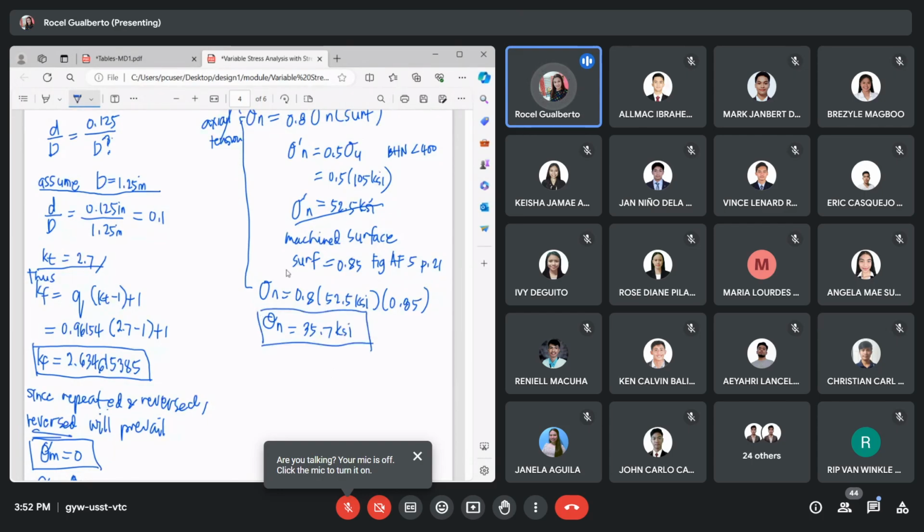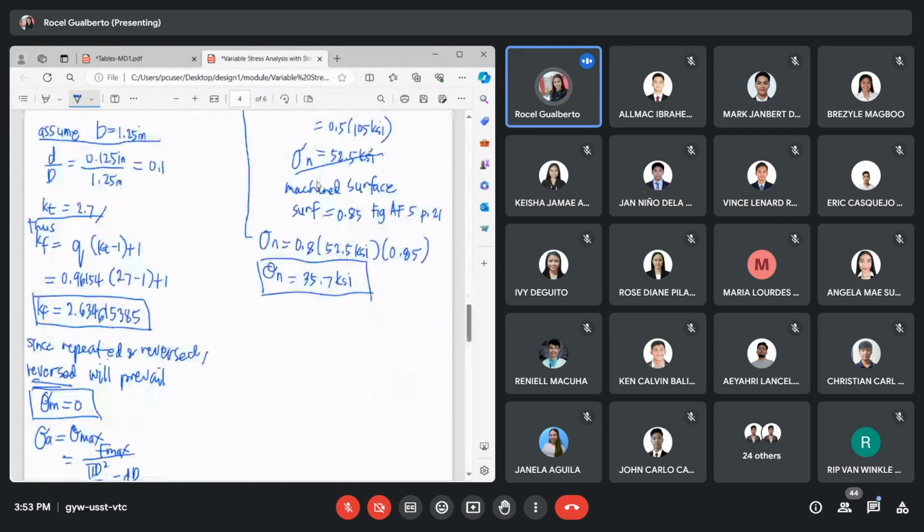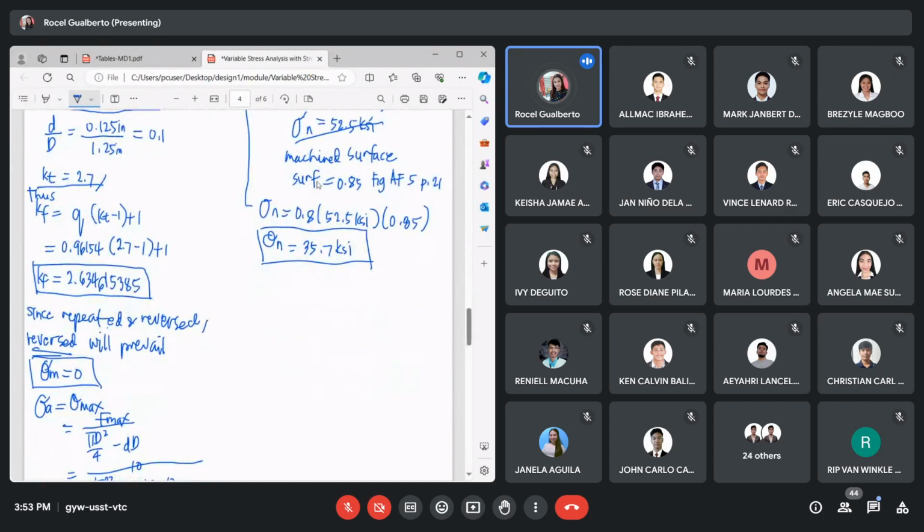Right? Doon sa letter B, pag naging indefinite life na yan, so iba naman yung i-equation mo. Ari po ay magiging sigma n1. So you have to compute for sigma n1. Okay? Yan. So, kompleto na po yung ating components ng Soderberg.